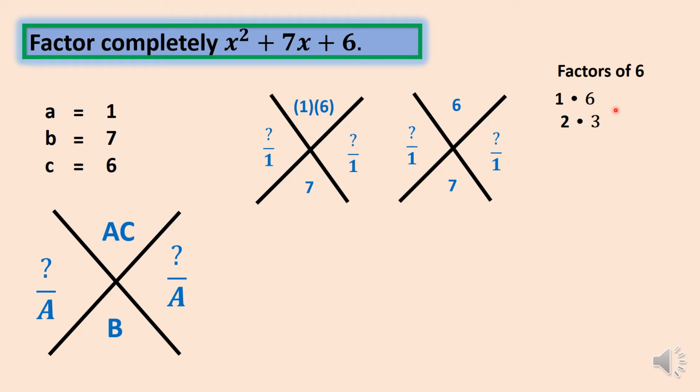So always remember, if multiplication, like signs, you have positive times positive. So meaning, we can also take its negative part. So you have negative 1 times negative 6.